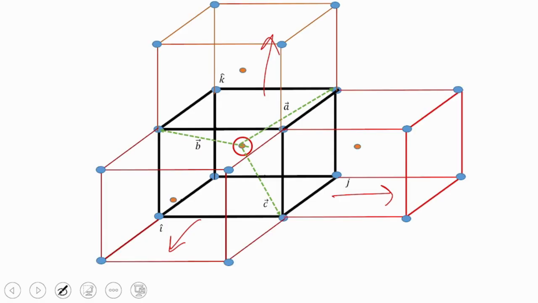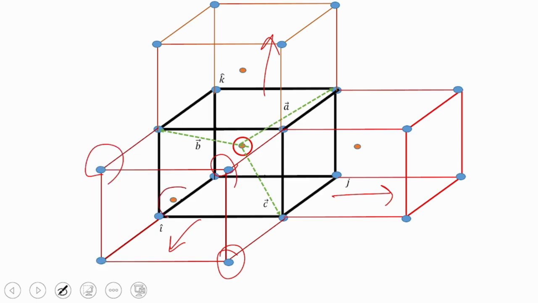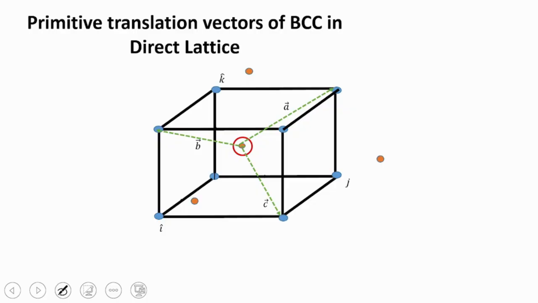Please note that I'm not going to use the corner lattice points. Instead, the only thing that I'm going to use is the body-centered lattice point. So in the next slide, you can see that I have drawn only the body-centered lattice points because those are the ones which we require.